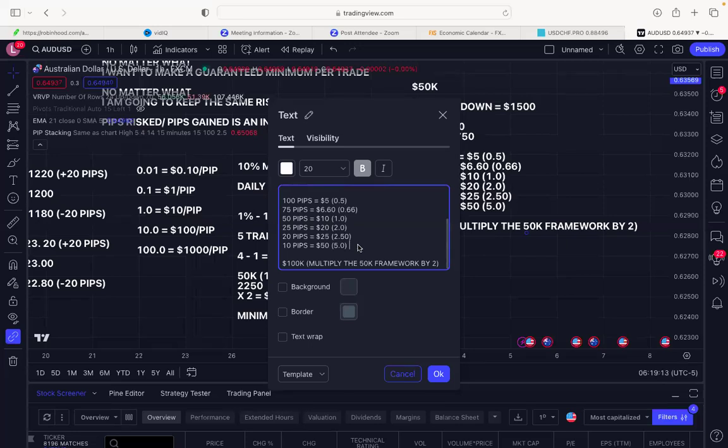So you have to make sure you're not taxing yourself. Going back to the example where we're only risking 10 pips and you have a 1.0 lot size, you now made 100 when you should have made 500. You've taxed yourself at an 80% rate. You see what I'm saying? You've taxed yourself at an 80% rate.